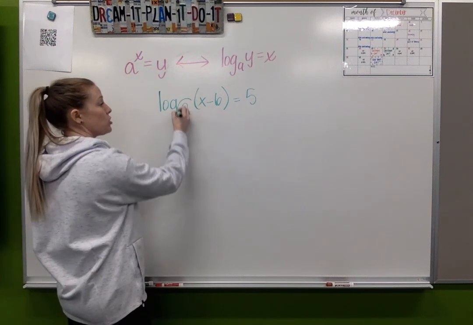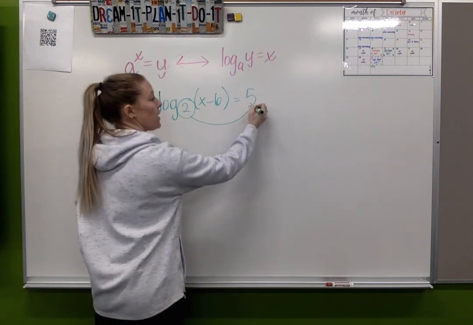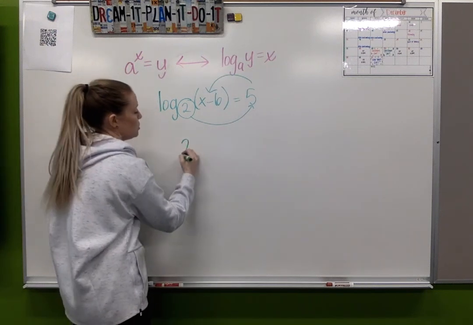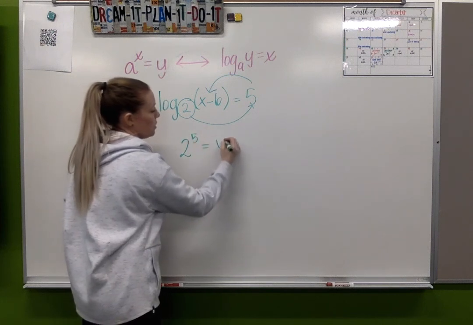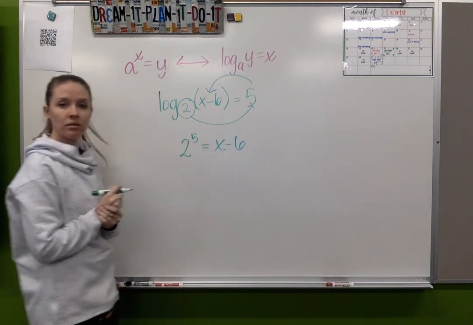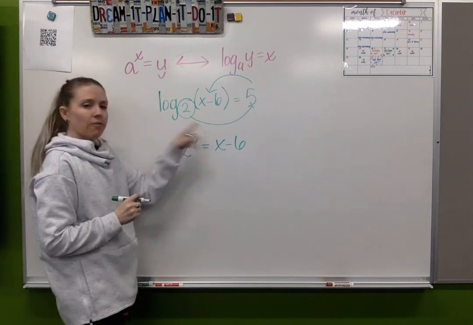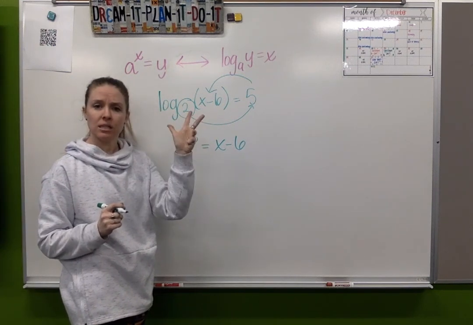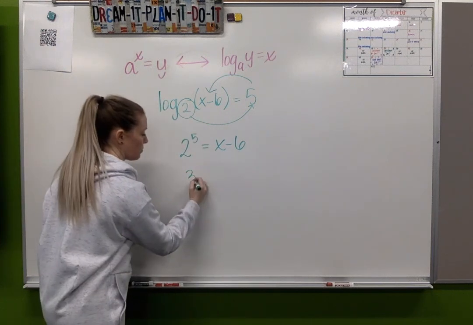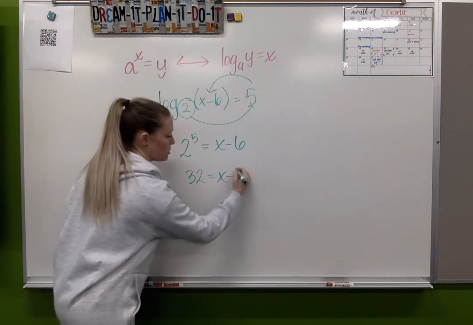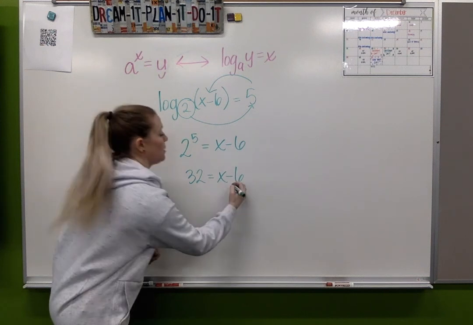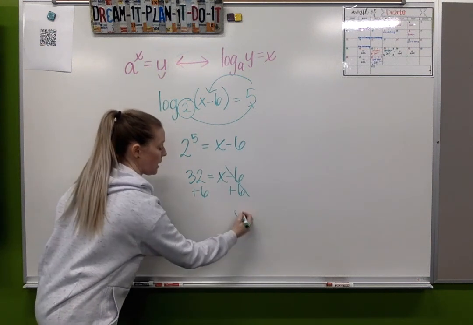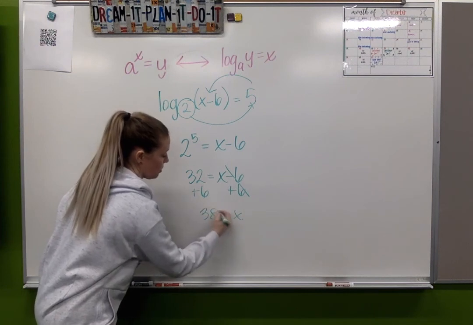So this becomes 2 to the 5th equals x minus 6. 2 to the 5th. So 2 times 2 is 4, 8, 16, 32. 32 equals x minus 6. Then I'm going to add 6. So x equals 38.